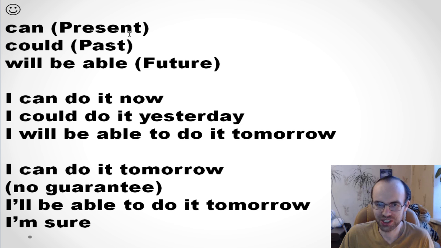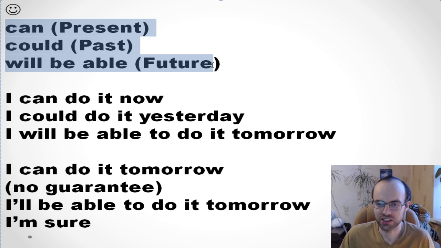Students often ask me, can we use it for future? I'll answer this question maybe in 2 minutes, but let's have a look at these things first. Can for present, could for past, and for future we use will be able. Will be able, remember it.